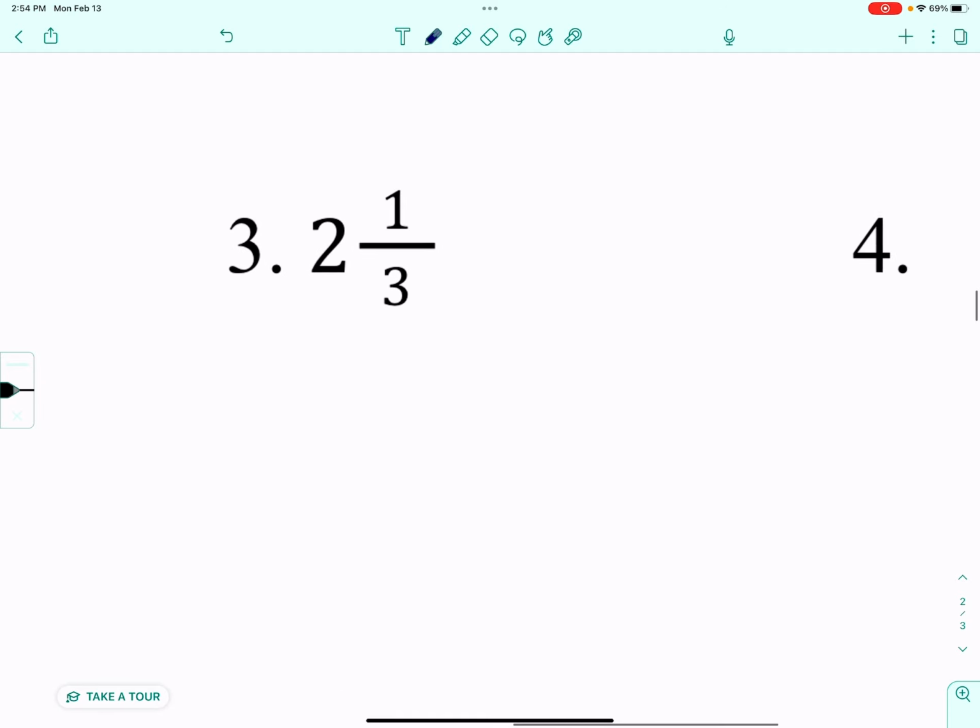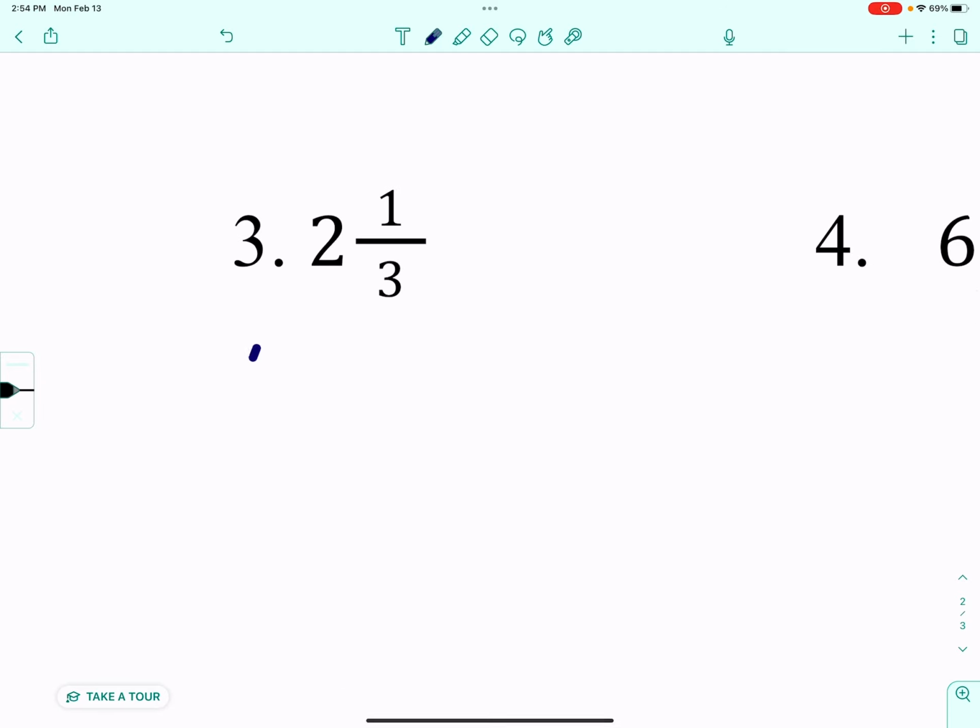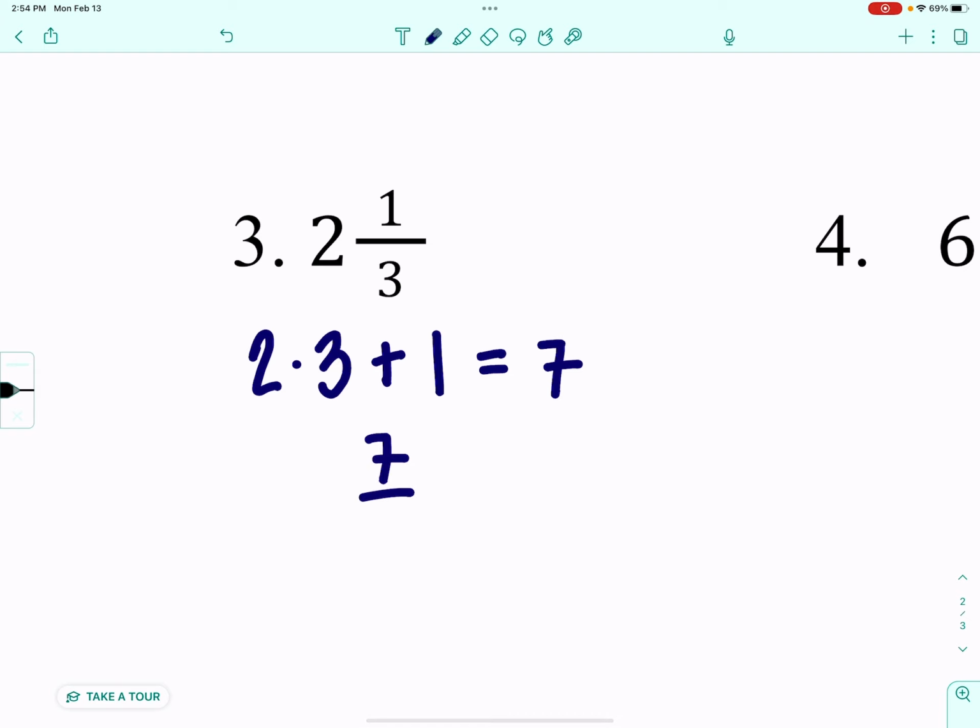So whole number times denominator plus numerator, and then keep the original denominator.